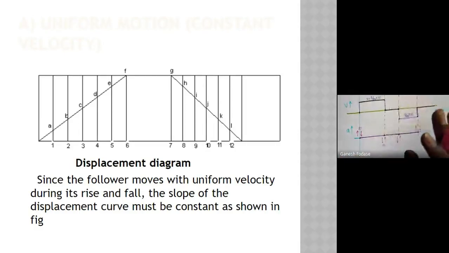So jerk will be infinity. If acceleration is infinity, we get jerk infinity, which is not a desirable case. And hence, as it is not desirable, we can use these cams for low speeds, not for high speed application. Understand? So this motion is not desirable because of the infinite acceleration.